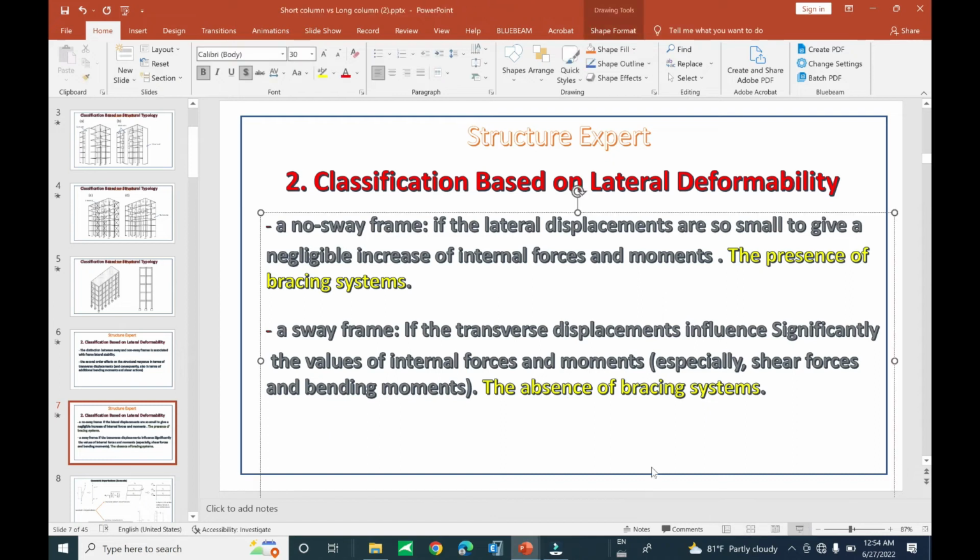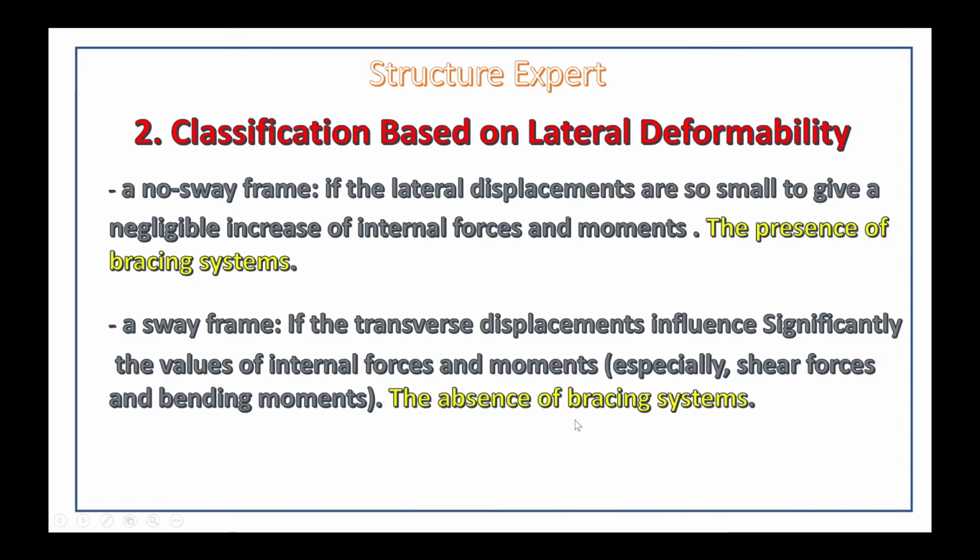It means no bracing system. If your structure doesn't have a bracing system, and the transverse displacement influences significantly the value of internal force, moment, and shear, so we call it a sway frame.